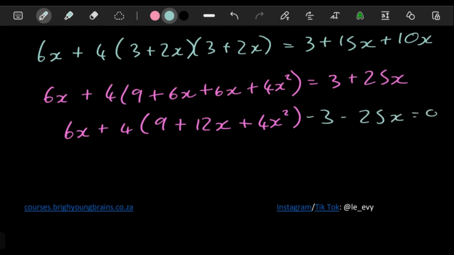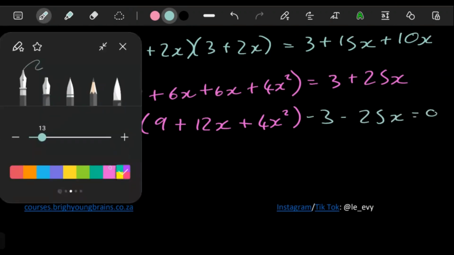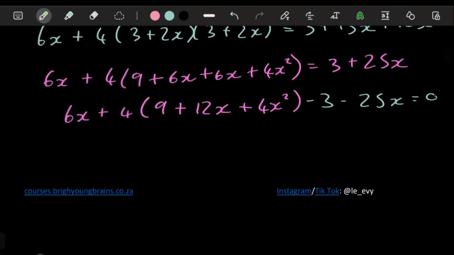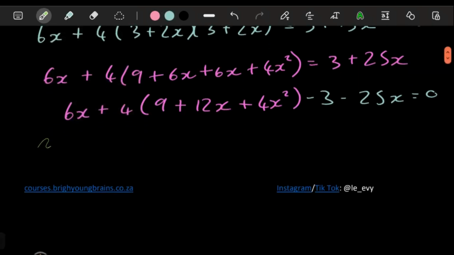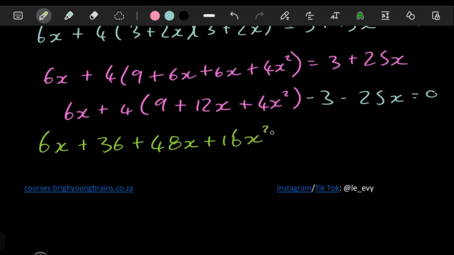And then this is equal to 0. So what do we have now? This is going to be 6x. 4 times 9 is 36. 4 times 12 is 48. 4 times 4 is 16. There we go.